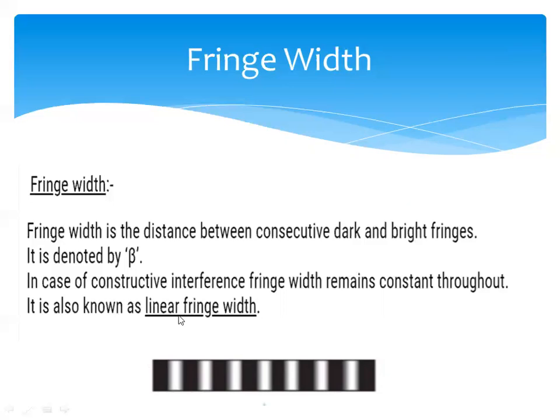So it is also known as linear fringe width. There are two types of fringe width: one is linear fringe width and the other is angular fringe width. This is what we are going to discuss in the next slide. Linear fringe width means that in case of constructive interference, the fringe width remains constant throughout.